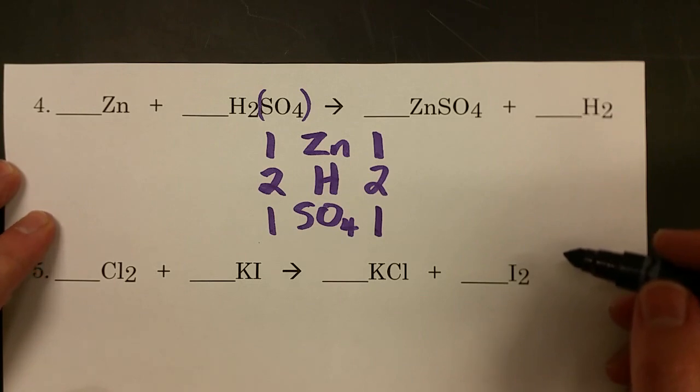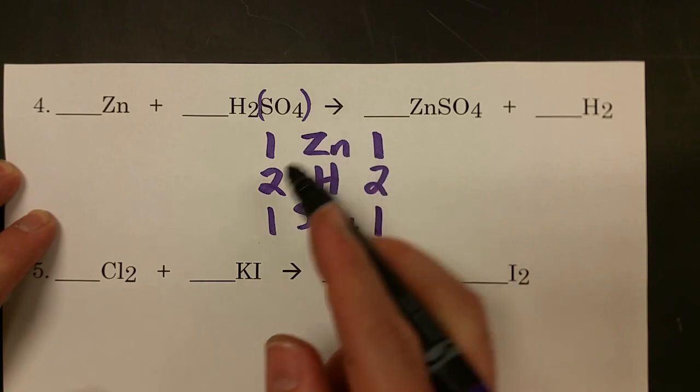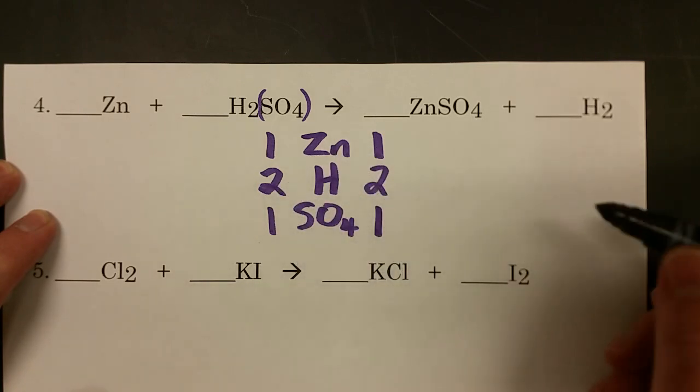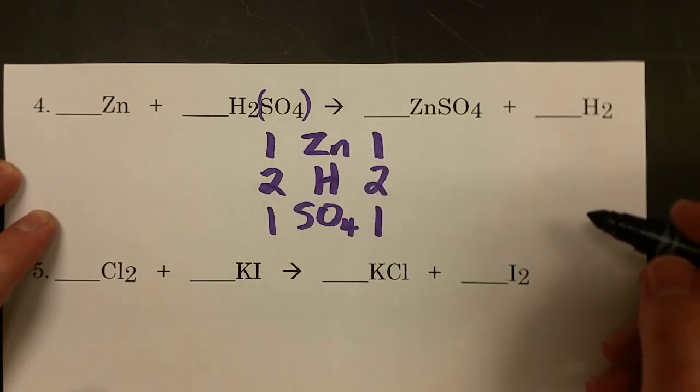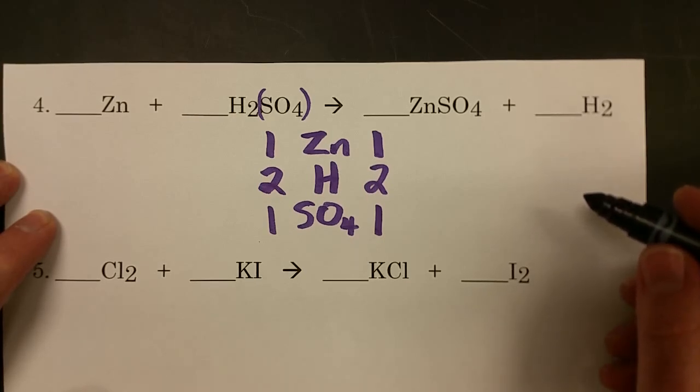Now I start to check my numbers and multiply if necessary. And when I check them, it turns out there's the same number of everything on both sides. And so I'm actually not going to have to multiply by anything this time. This reaction's equation is already balanced.